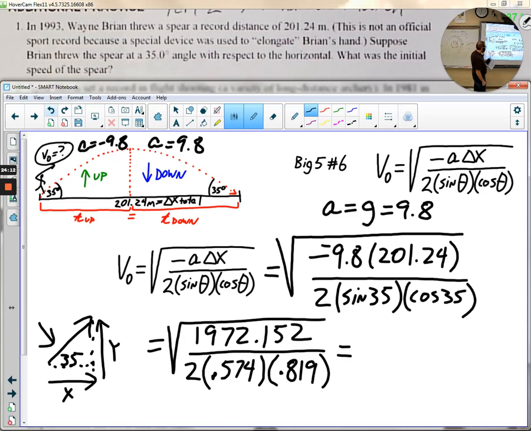So that tells me that the starting velocity of his toss is going to be 45.8-ish meters per second at 35 degrees north of the horizon.